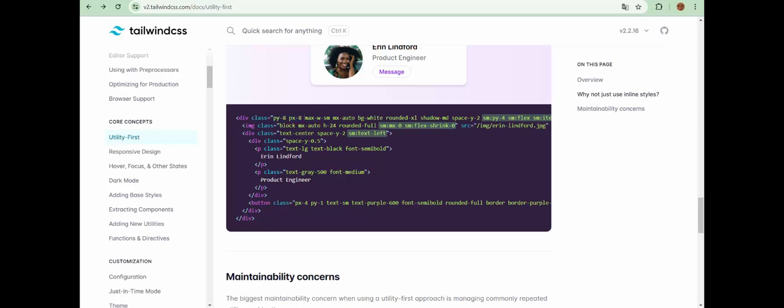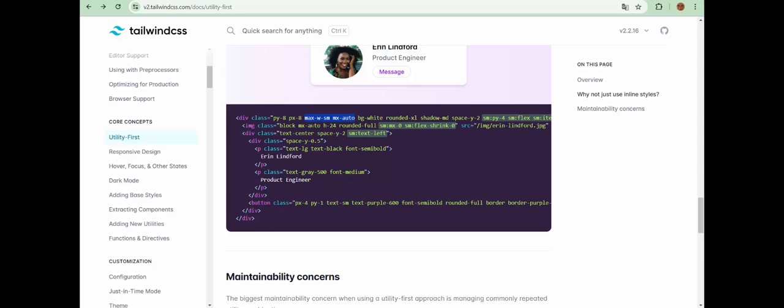Here it is. Every one of these utility classes you recognize: before and after the classes there is a space. Every space means a space must be between classes, and within the name of a class there is no space.